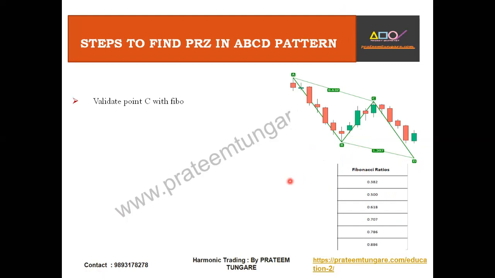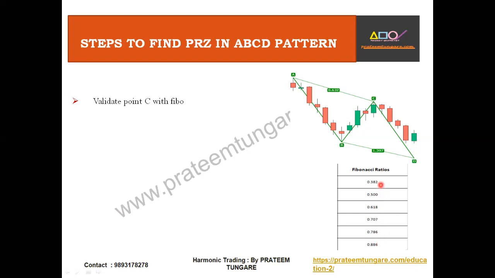The first D point we would find with the following steps. The first step is to validate the FIBO ratio. We would first validate the ratio of AC. It should be very near to any of these FIBO ratios: 0.382, 0.500, 0.618, 0.707, 0.786, and 0.886.